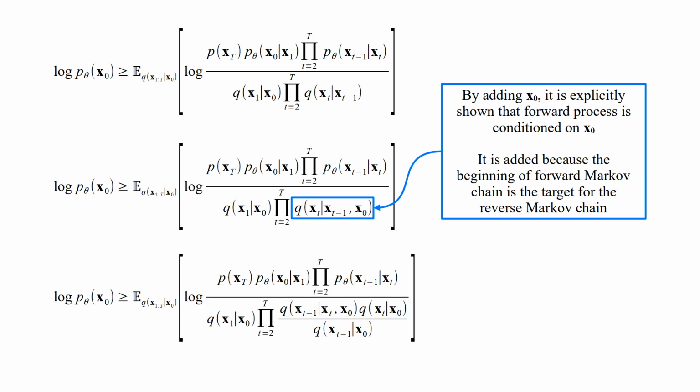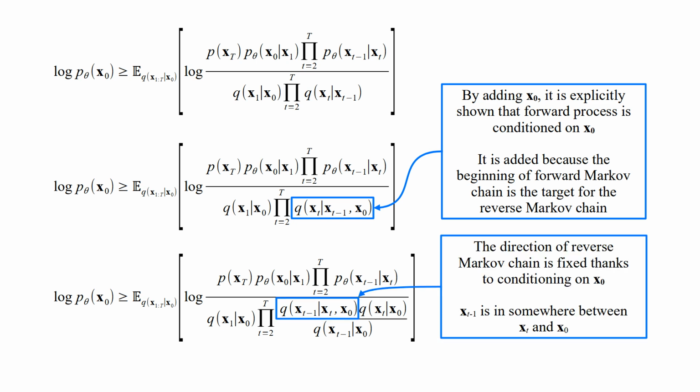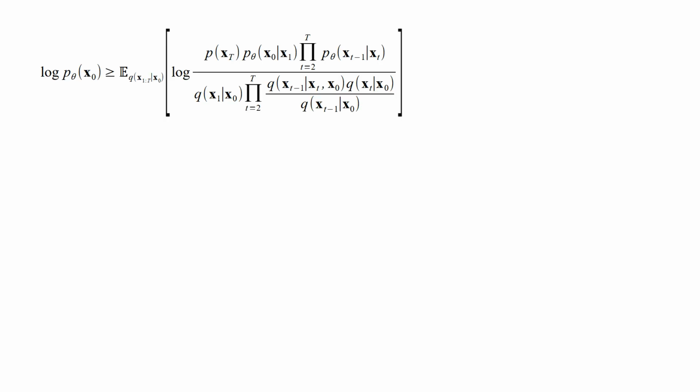Apply Bayes rule in denominator. The direction of reverse Markov chain is fixed thanks to conditioning on x0. xt minus 1 is somewhere between xt and x0. Let's expand the expression inside product operator in denominator.